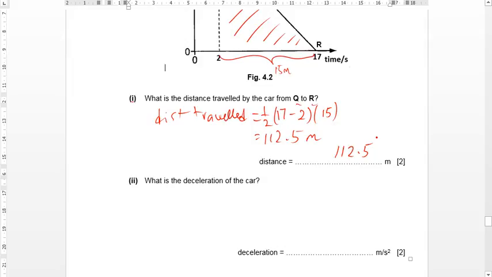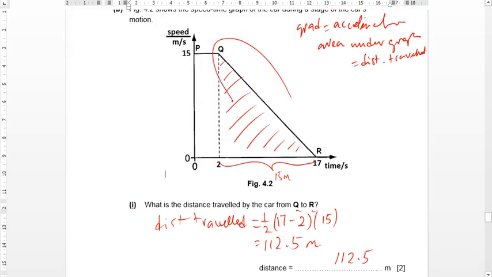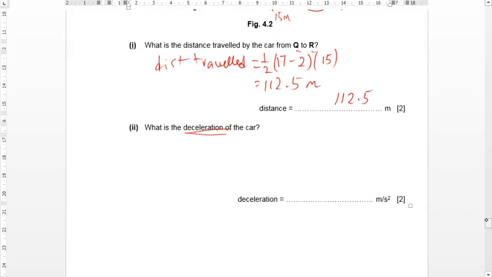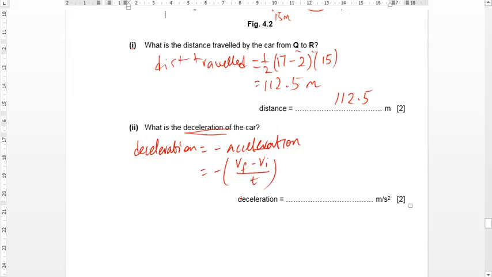Okay? So deceleration of the car. That means the speed is going downwards. Talking about this region. Deceleration equals to negative acceleration, equals to negative Vf minus Vi over T. What is our final speed?